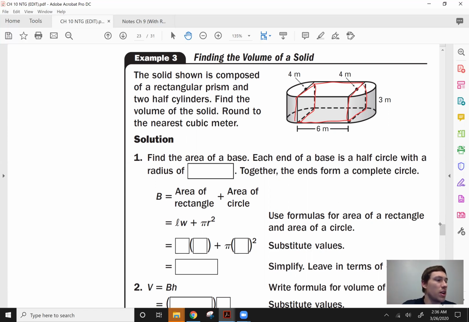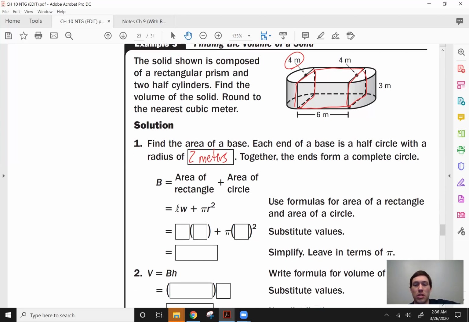So find the area of a base. Each end of a base is a half circle with a radius of 2 meters, because that's showing the diameter is 4. So the radius must be 2 meters. Together, the ends form a complete circle.